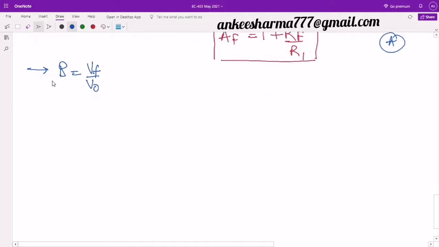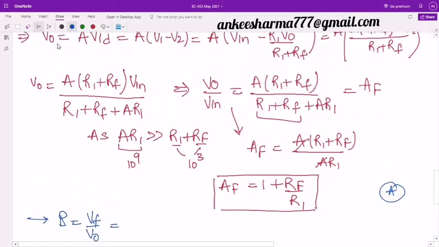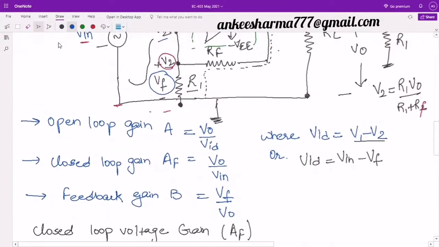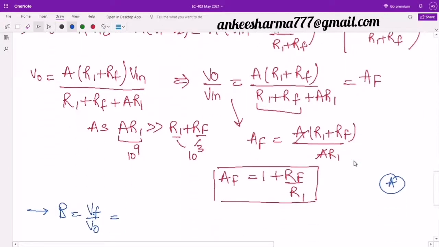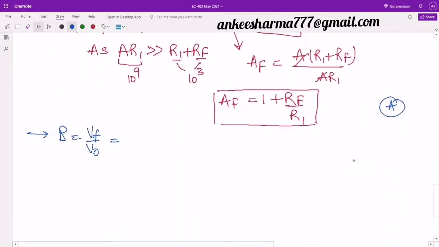So VF by V naught. If I have to find the ratio of VF by V naught, we have already obtained that VF is nothing but V2. And we said that V2 is equal to R1 into V naught upon R1 plus RF. So from here, can I say that VF by V naught is equal to R1 upon R1 plus RF?